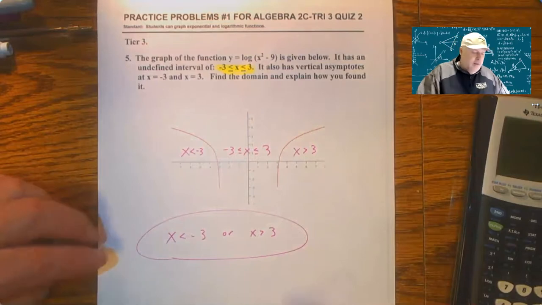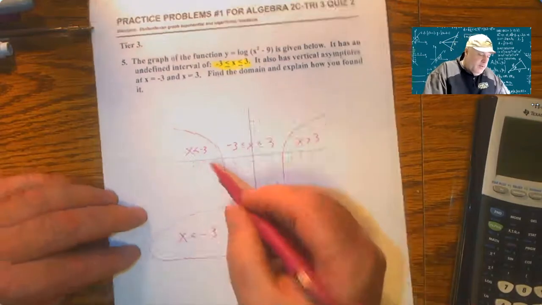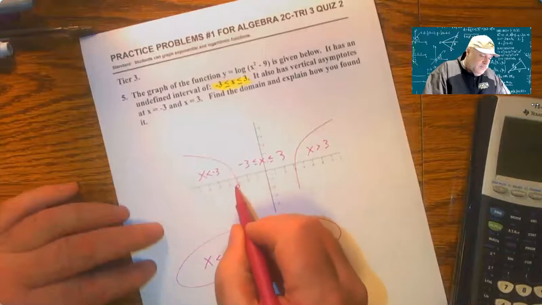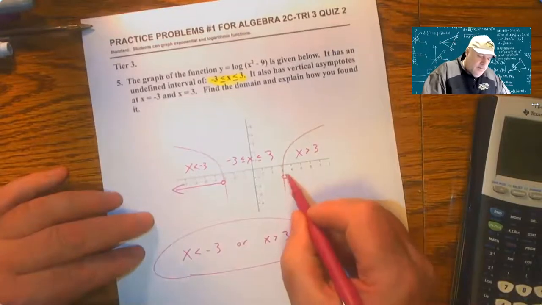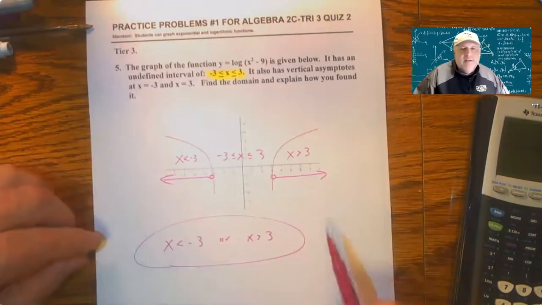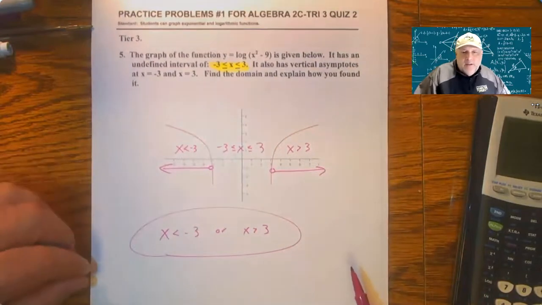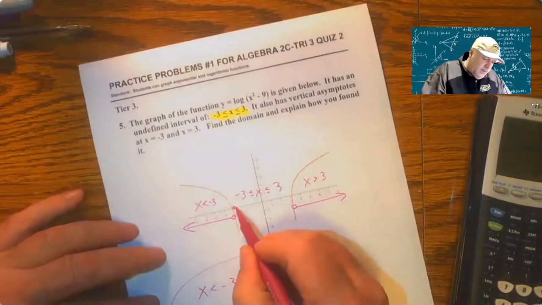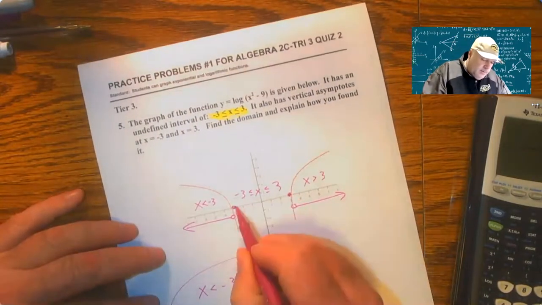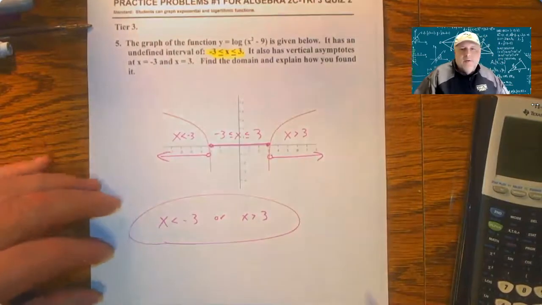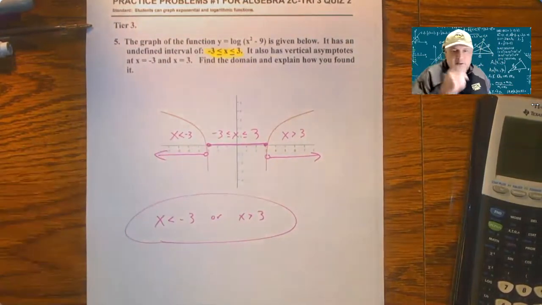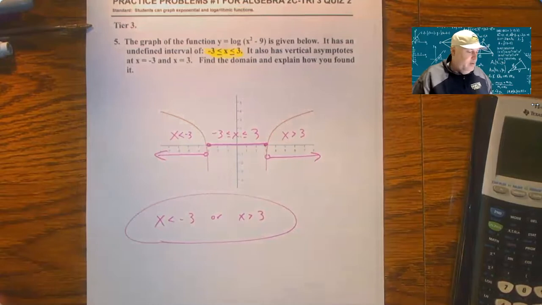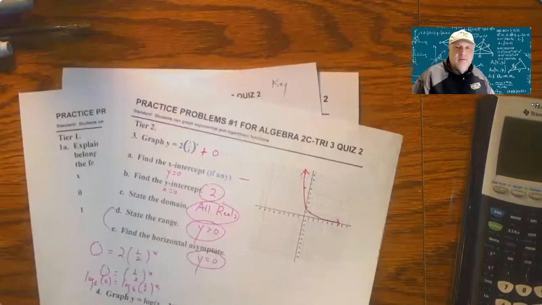A way to think about it, like when the arrows are pointing in that direction, that's the direction of your inequality also. That's kind of a weird way to look at it, but it does work. And then this inequality would be negative 3 to 3. So you can sketch those graphs real quick, and that's another way to do it. All right, so that's the practice quiz 1 solutions.